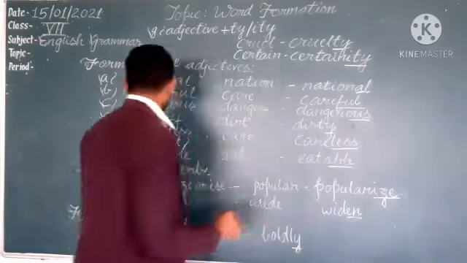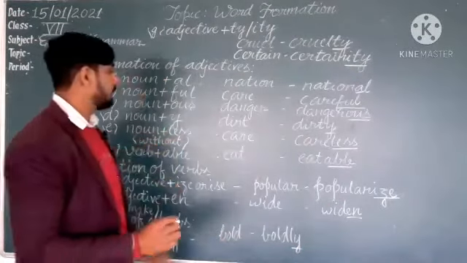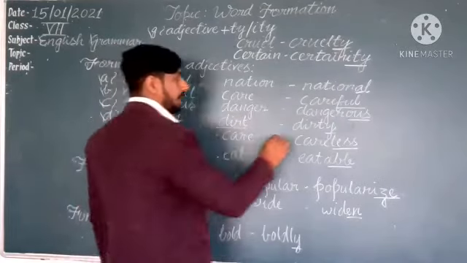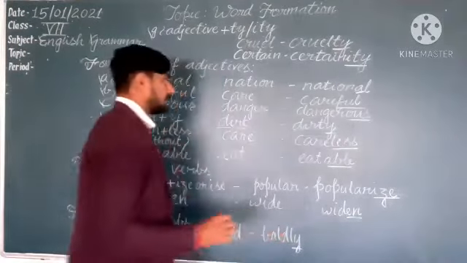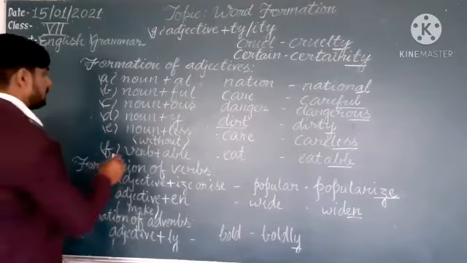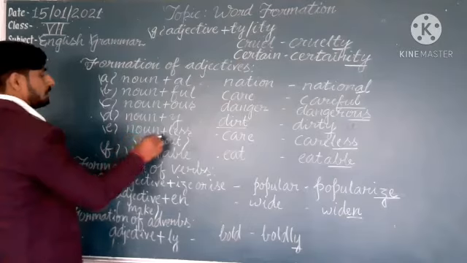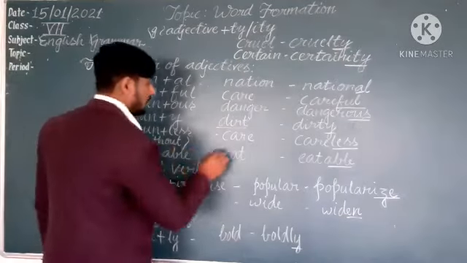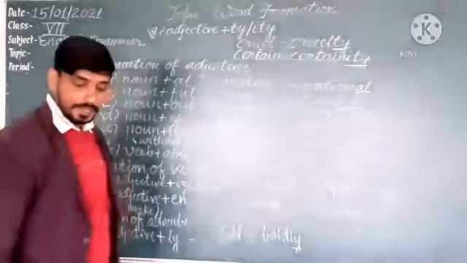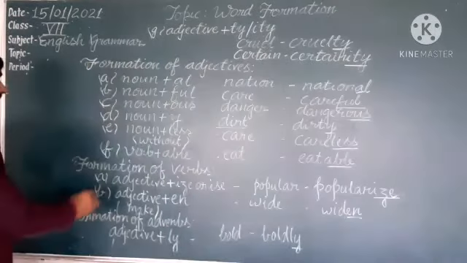Understand? Next one is noun plus y. You are getting the word dirt. So adding y, dirty, it becomes an adjective. Afterward we are adding noun plus less, which means without, care, less. By adding less it becomes an adjective.